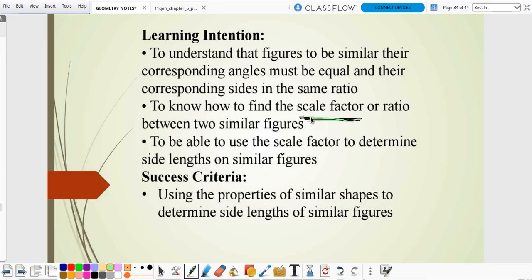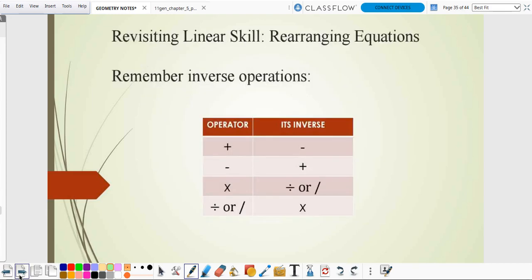You have a scale model of a small tree, and you would multiply the scale model's height by a certain number to get the height of the tree. All these things have some practical use. So we'll be using the scale factor to find side lengths of triangles in this case, because we won't really be working with other shapes.